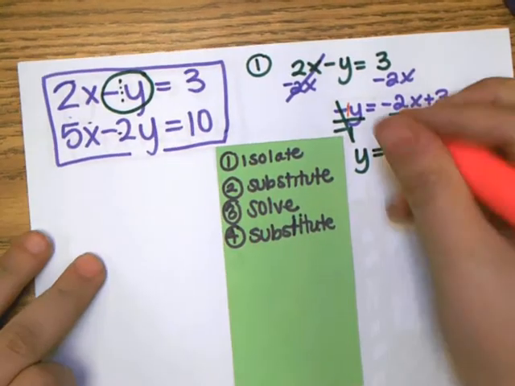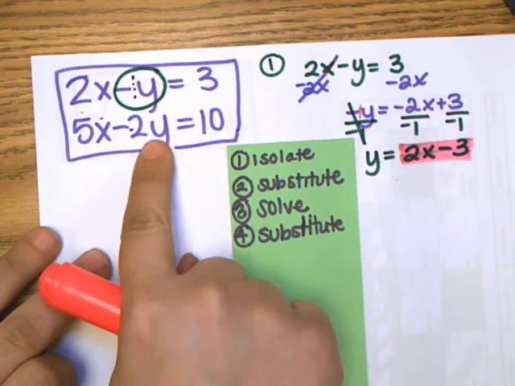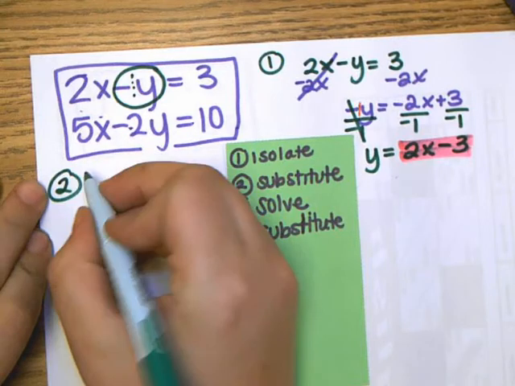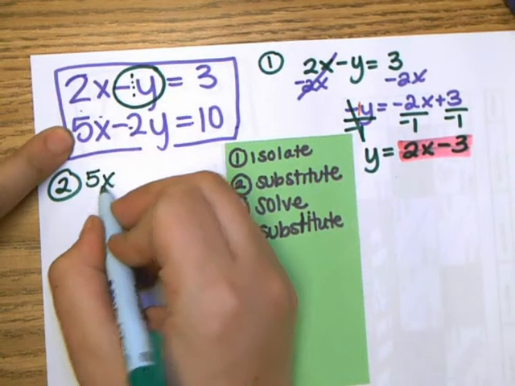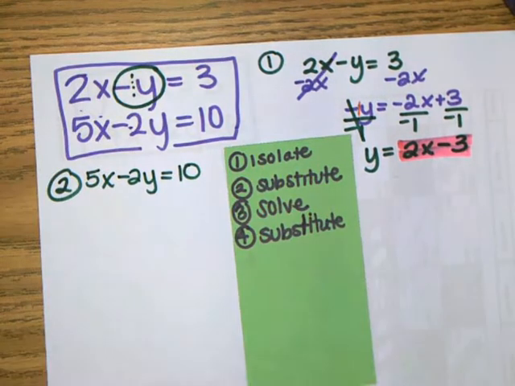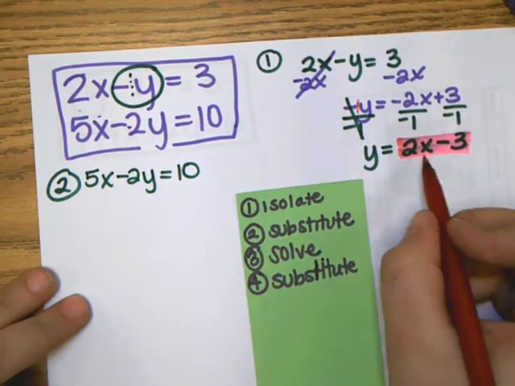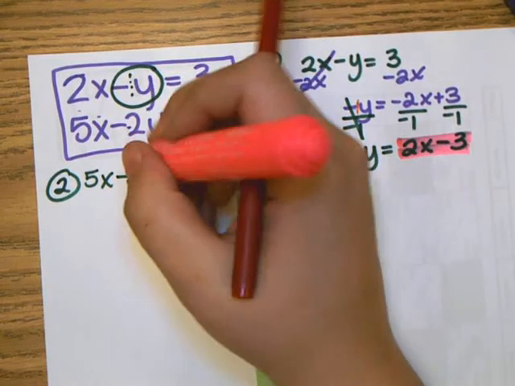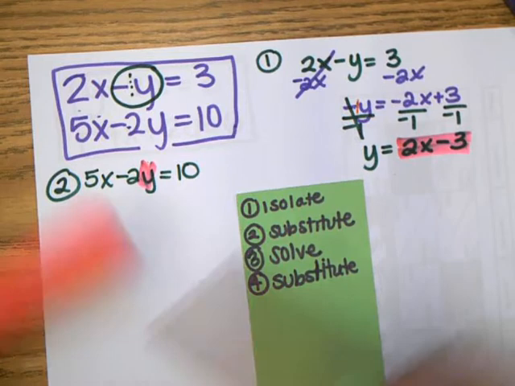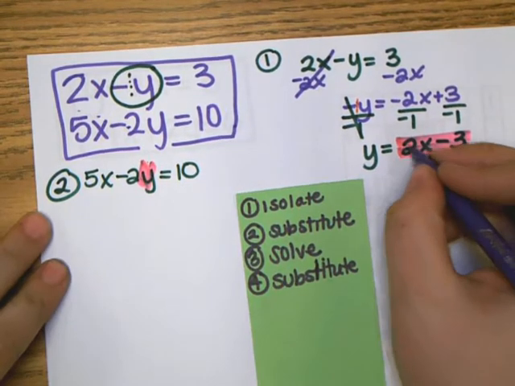So step 2 is we're going to take this and put it right there. So step 2, I'm going to take this equation and plug in the 2x minus 3 for the y right there.